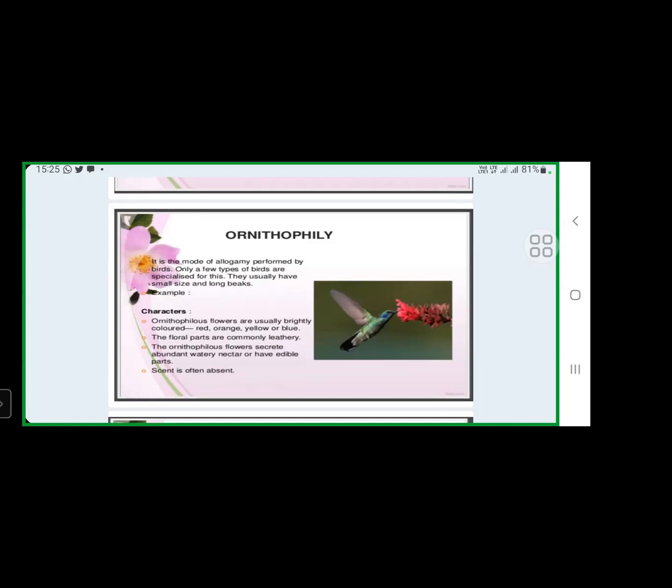The ornithophilous flowers are usually brightly colored, mostly red, orange, yellow, or blue. The floral parts are commonly leathery. They secrete abundant watery nectar or have edible parts. The scent is often absent in this ornithophilic nature.